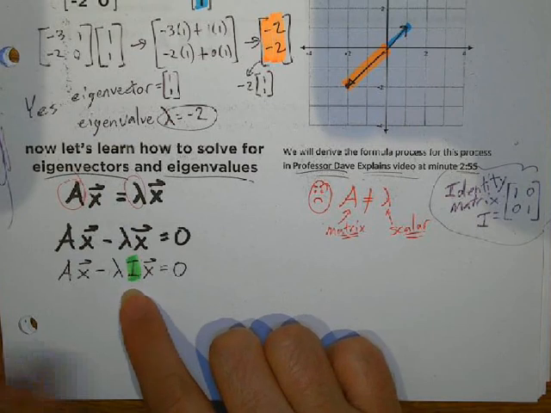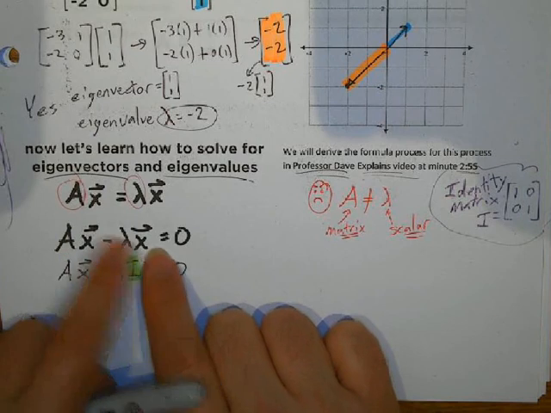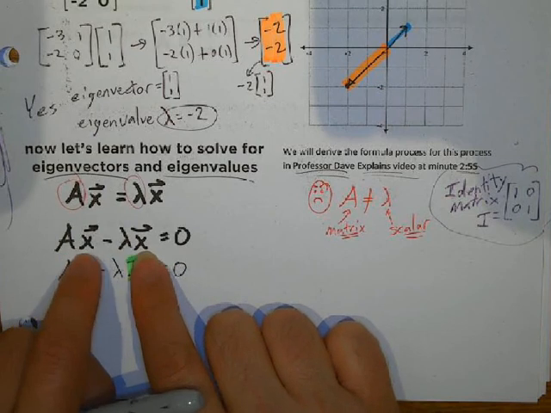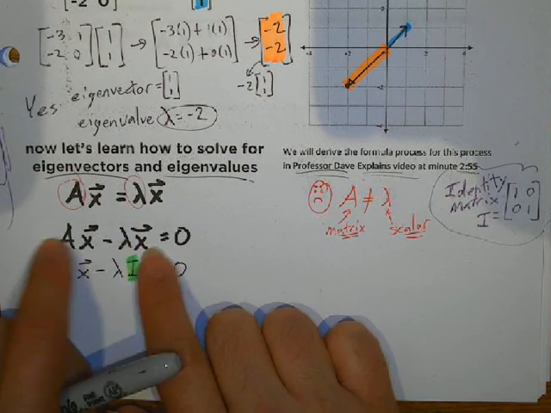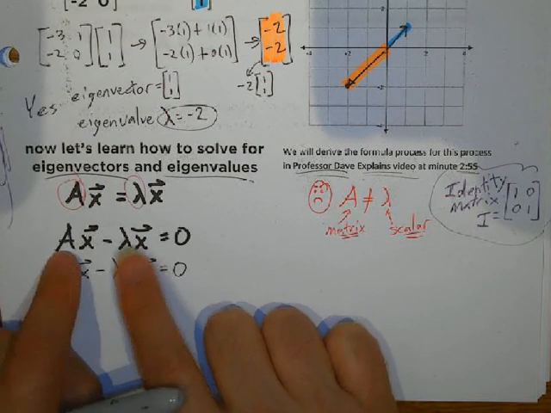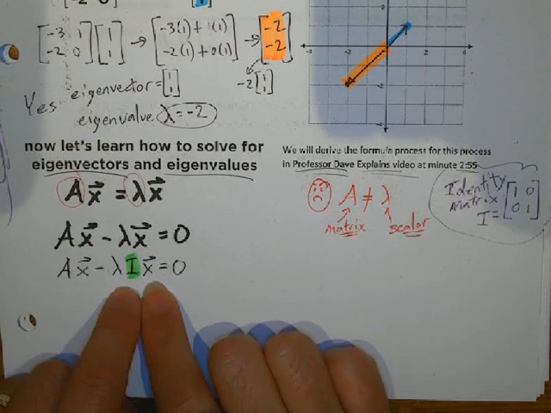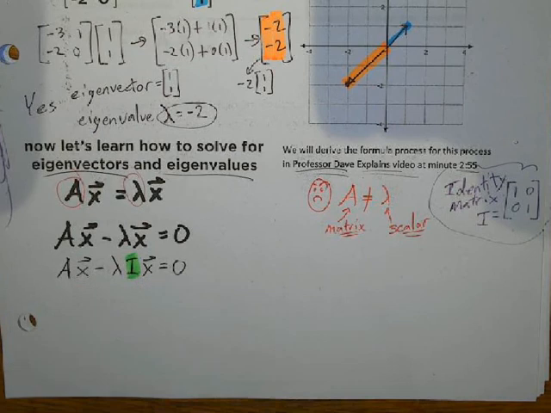And now I can use the distributive property. I couldn't factor out the x before, because the A and the lambda were not the same kind of object. But if I have the identity matrix in there, I can factor out the vector.